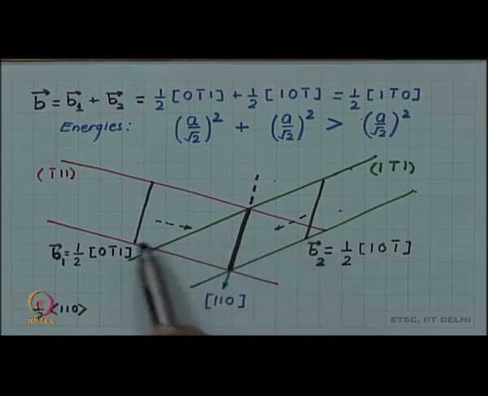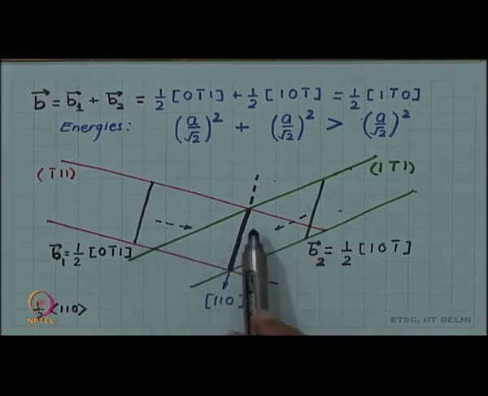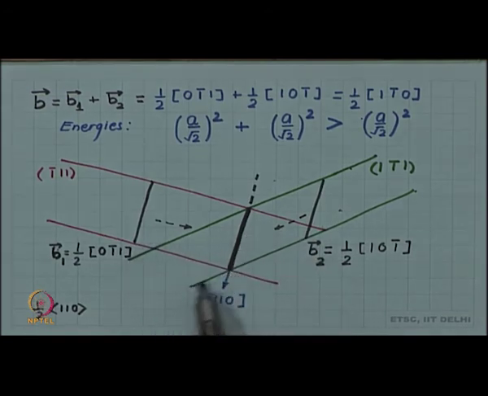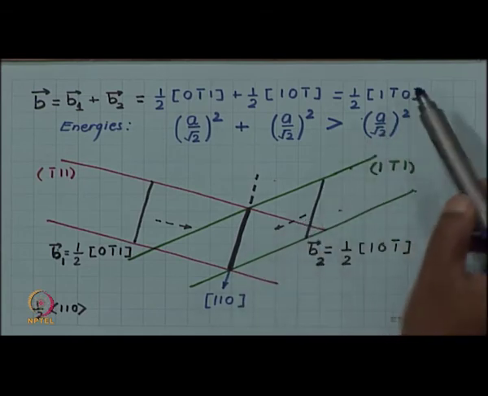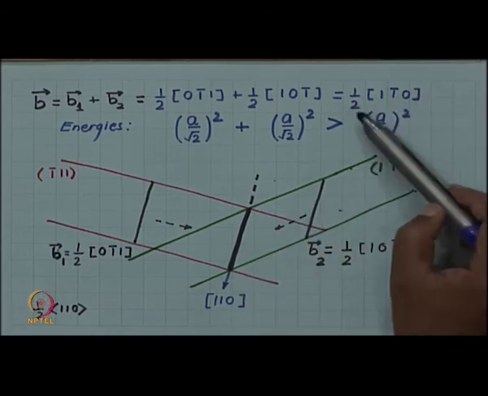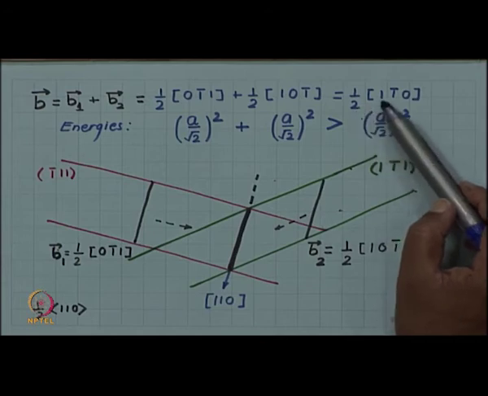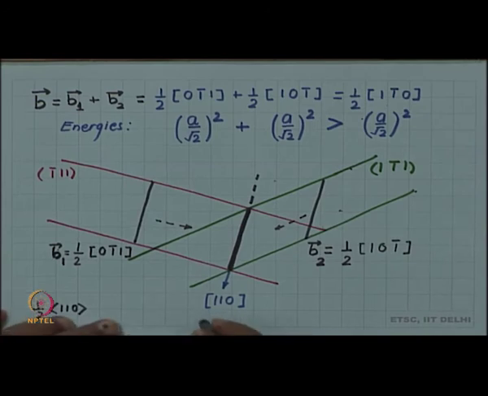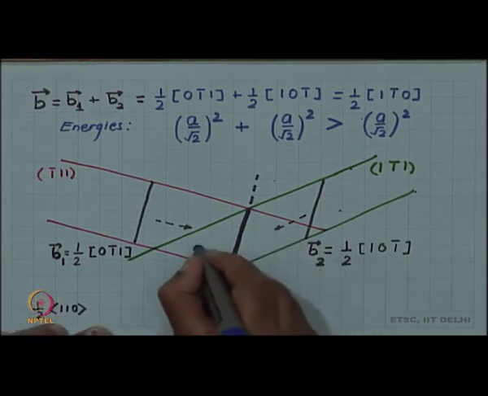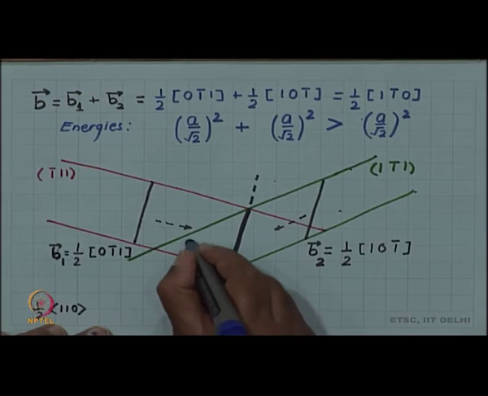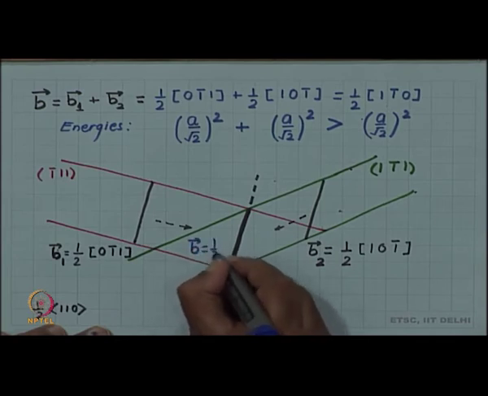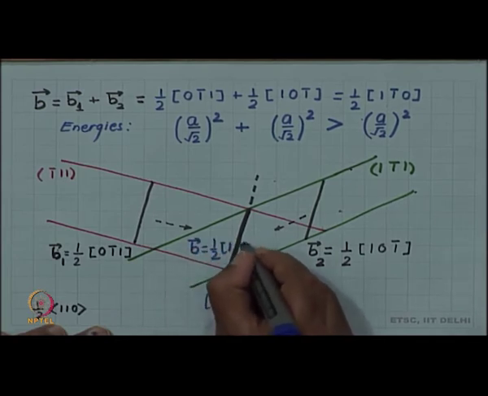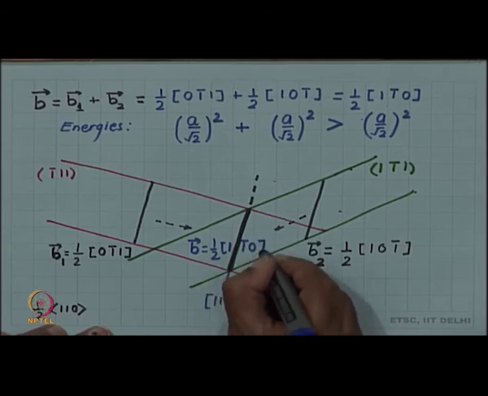These two dislocations are actually attracted to each other and they will like to combine, and they have combined and formed a new dislocation line of Burgers vector half 1 bar 1 0. So, this dislocation line has a Burgers vector half 1 bar 1 0.